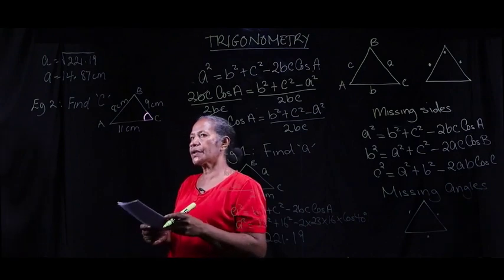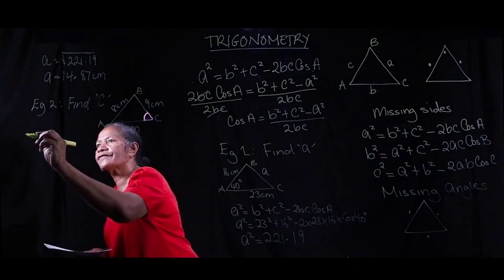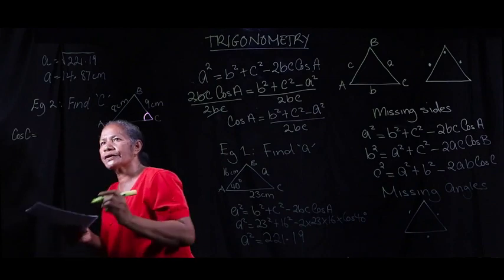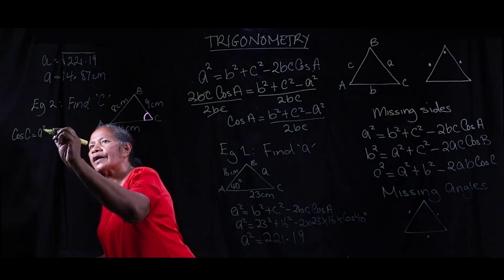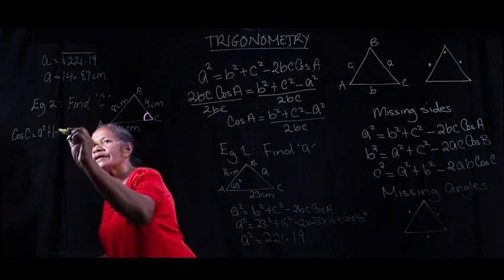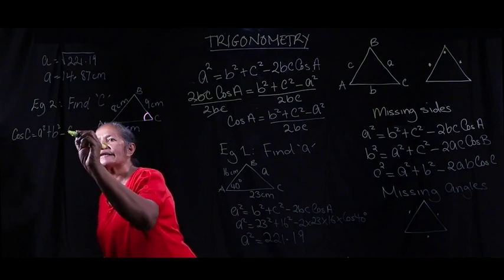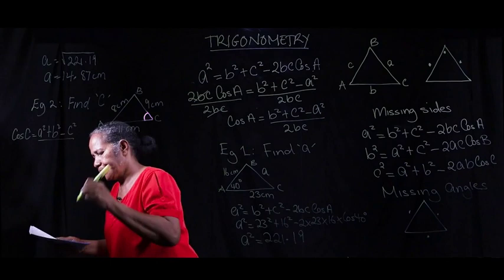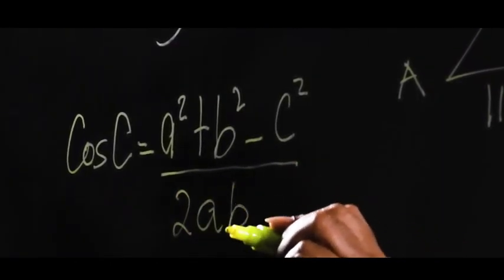Our formula will start with cos C. So we have cos C is equal to A squared plus B squared minus C squared over 2AB.